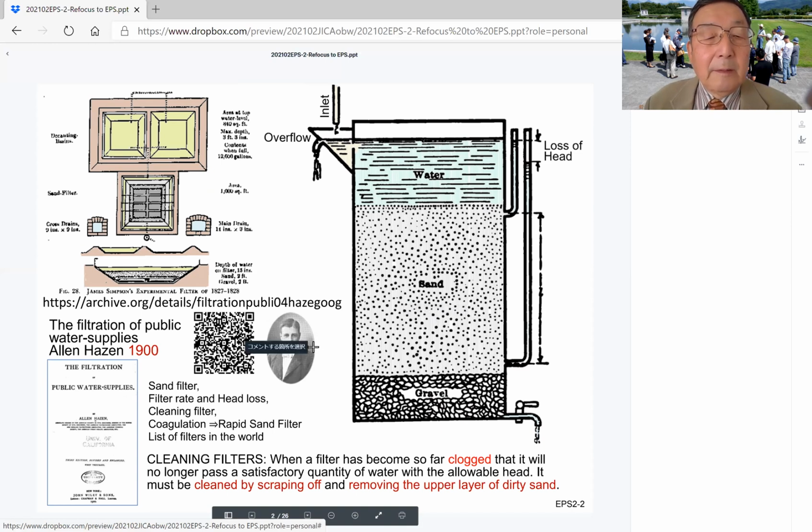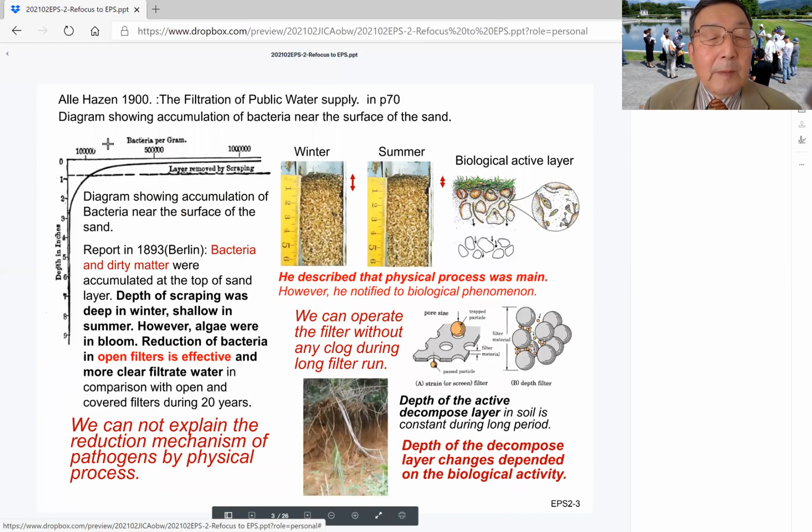And then Hazen, about 120 years ago, this technique, filtration for public water supply.